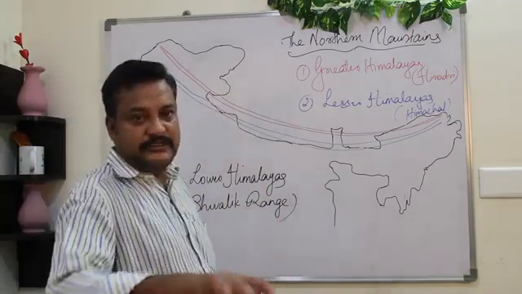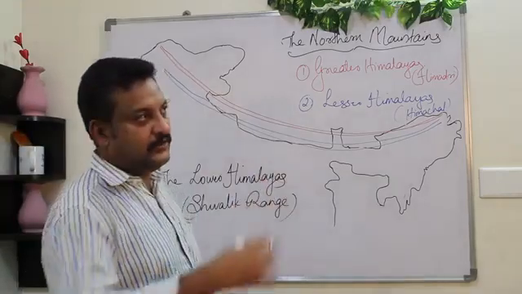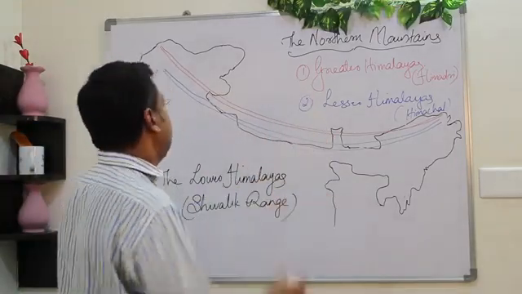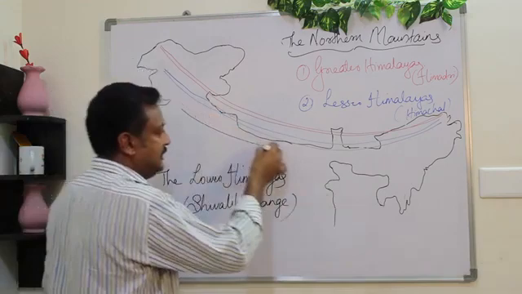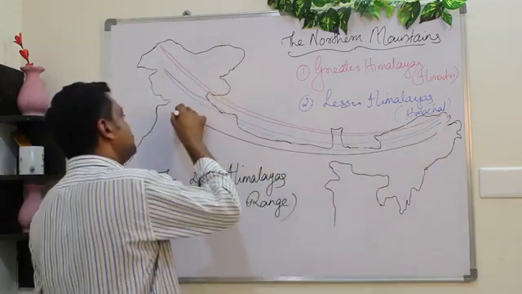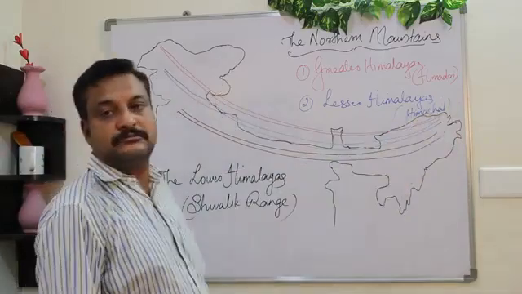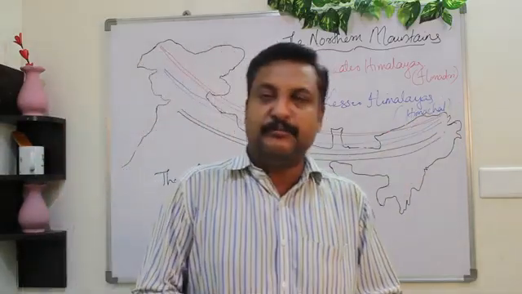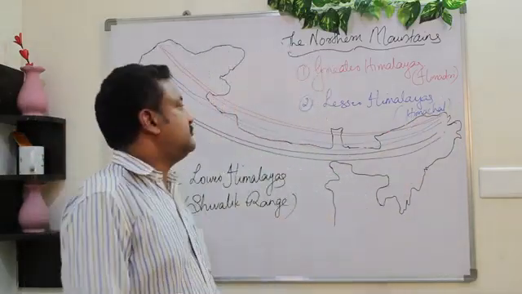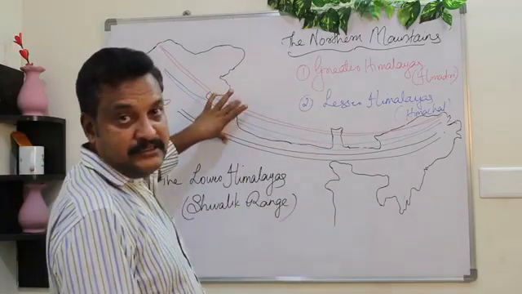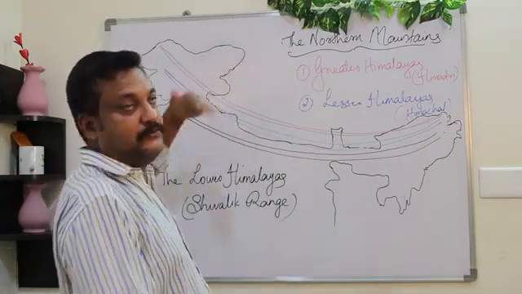The third layer, or the third parallel range of mountains, is the Shivaliks that runs through here. So the Himalayas are actually three parallel ranges running one after the other.